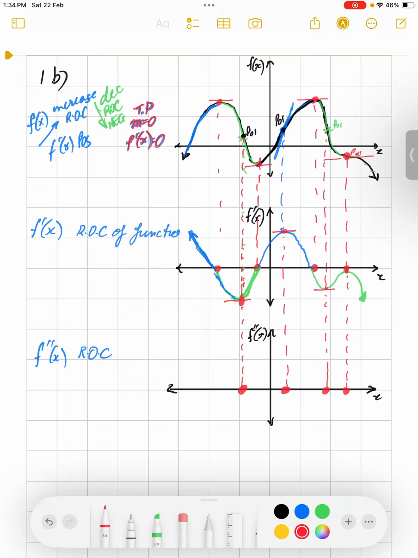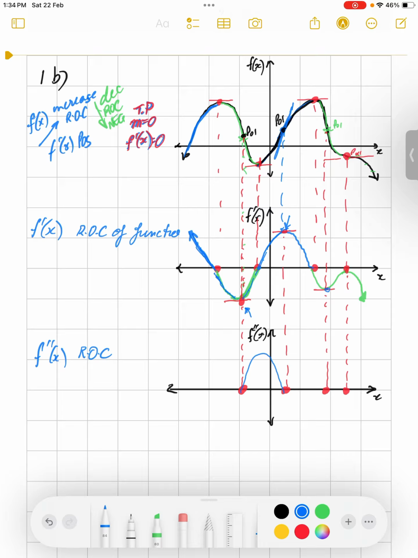And the graph is going up, so it'll be positive between this turning point and this turning point. It's going up, and it's steepest at this point here. So we're going to go up and then down, that's positive.